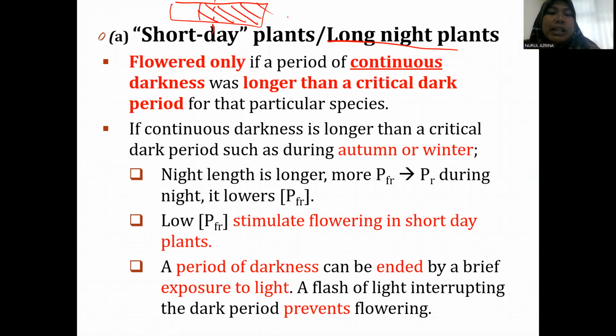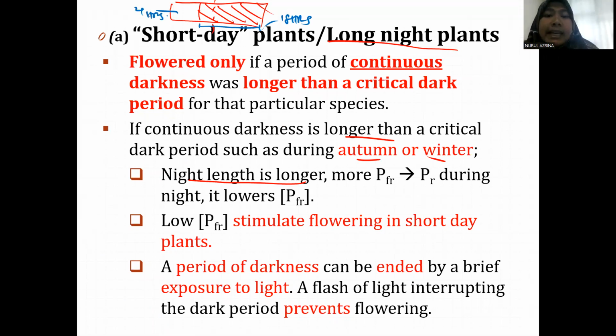So if the continuous dark period is longer than the critical period, such as during autumn or winter, remember the night length is longer. So let me use another color. Okay, night length is longer. Let's say 18 hours. So the day length is shorter, maybe around 4 hours.